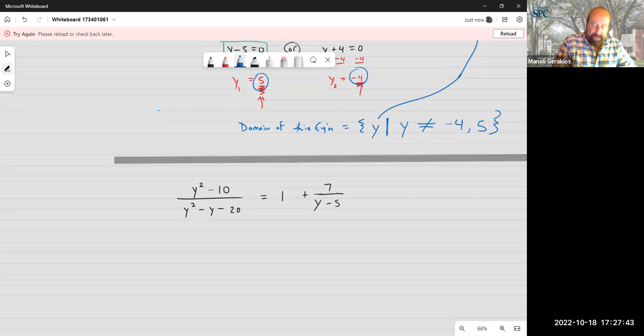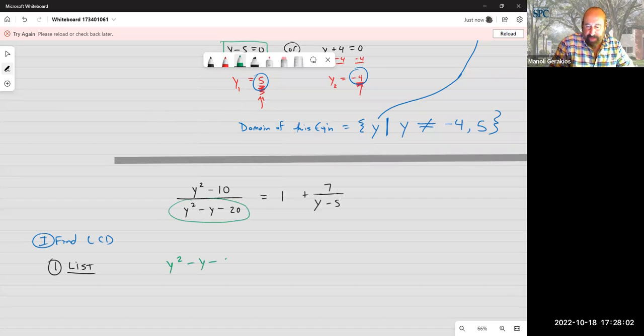We're going to do the same two steps. First, calculate the LCD. Step 1 is to list out all the denominators. We have y squared minus y minus 20, and y minus 5.